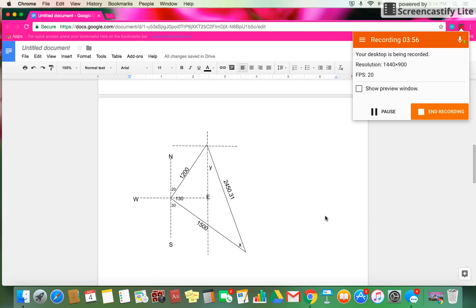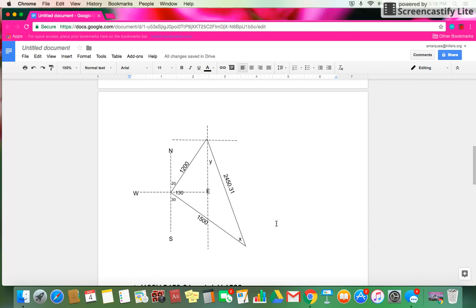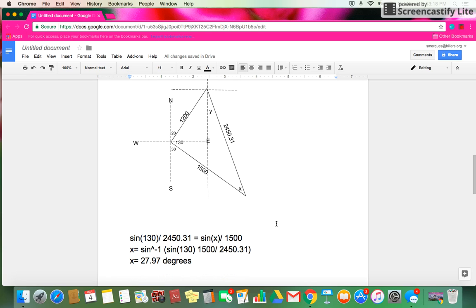And to do that, you're going to use a sine equation, which is going to be the sine of 130, which is the angle across from this side, over the side, which is 2,450.31, equals the sine of x, the angle you're trying to find, over its opposite side, 1,500.